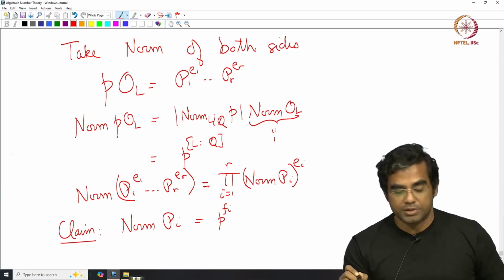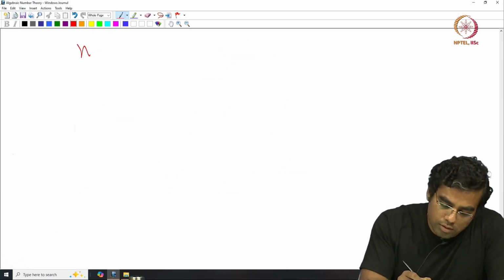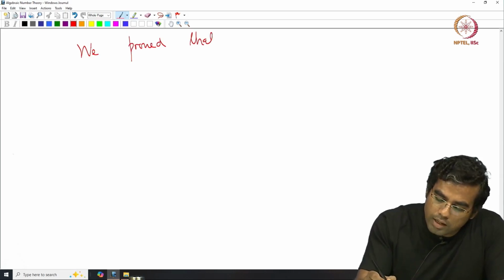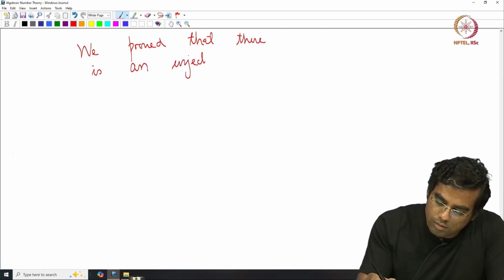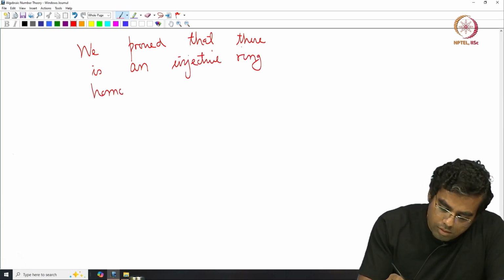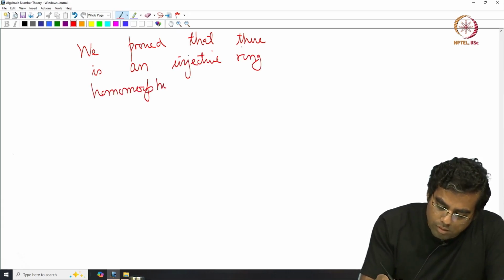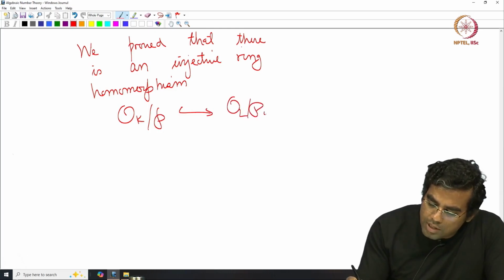Perhaps I should have written this as a corollary when I proved this. So we proved that there is an injective ring homomorphism from OK mod P to OL mod Pi.